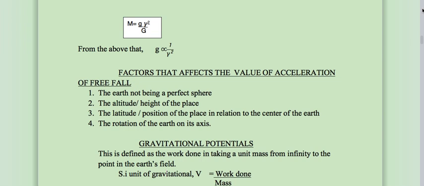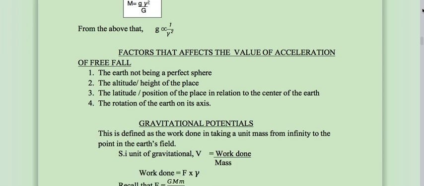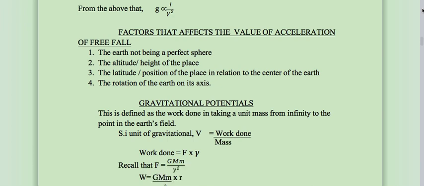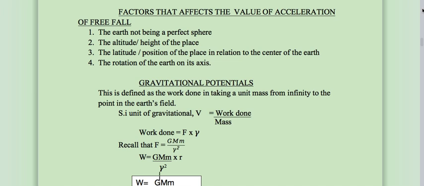The SI unit of gravitational potential V is work done all over mass, the ratio of the work done all over the mass. The SI unit of the gravitational potential is joule per kilogram. Mathematically, gravitational potential is work done all over the mass. But from our definition, we said it is work done in taking a unit mass from infinity to that point in that Earth field.